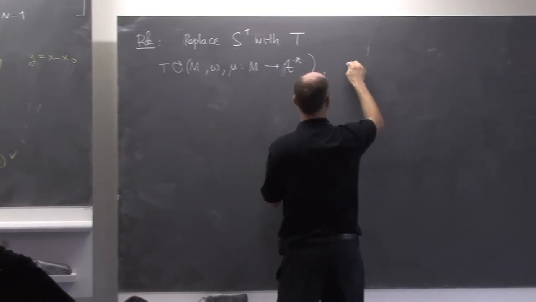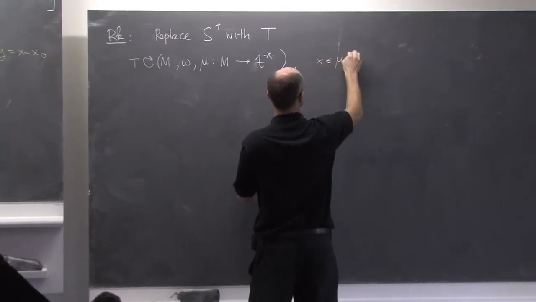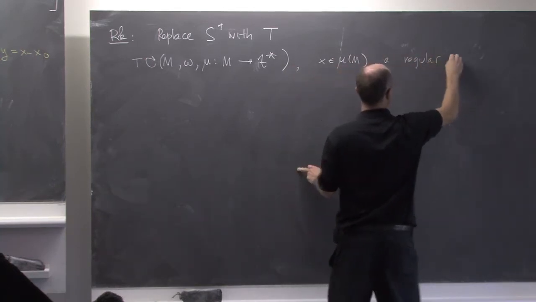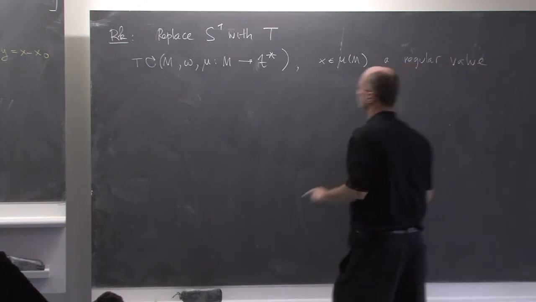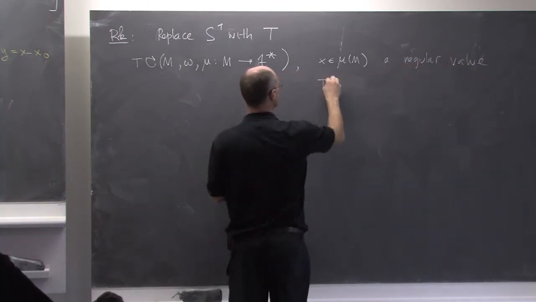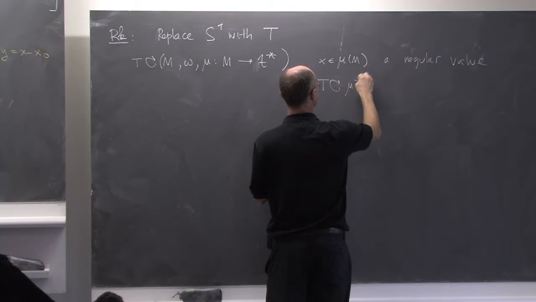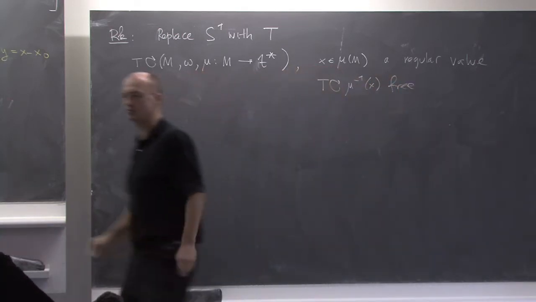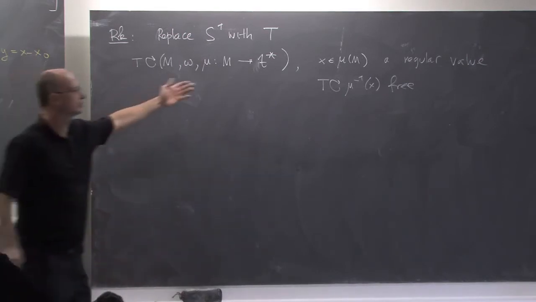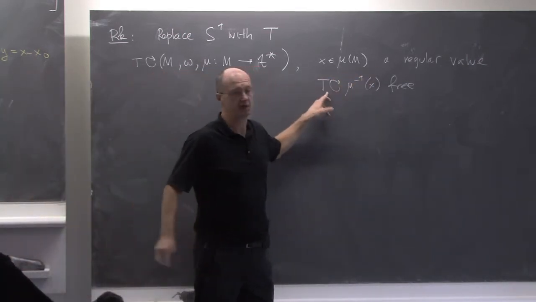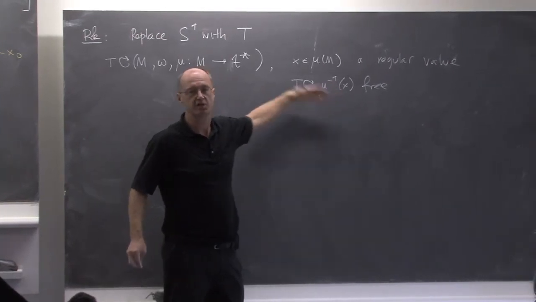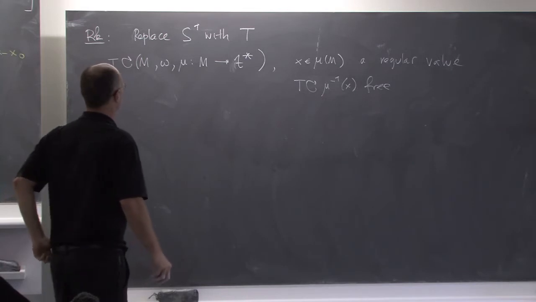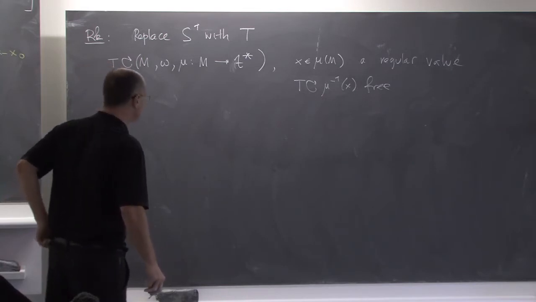So we take x in mu of M, a regular value. To simplify things, we assume that the action is free, but this can be negotiated. If it's a regular value, it might have some finite stabilizer, but this we can negotiate.